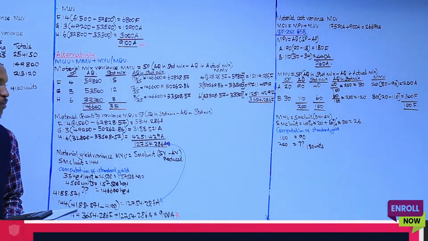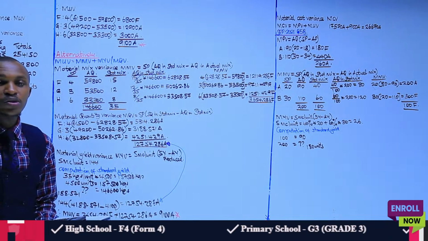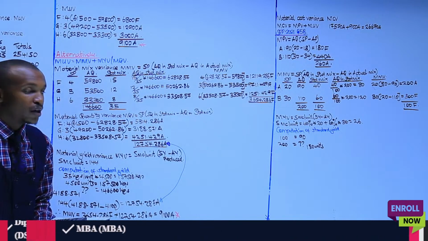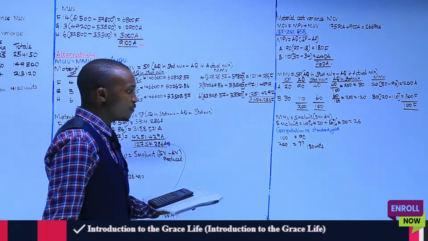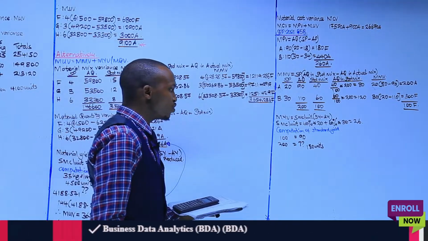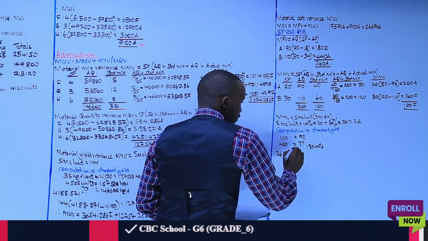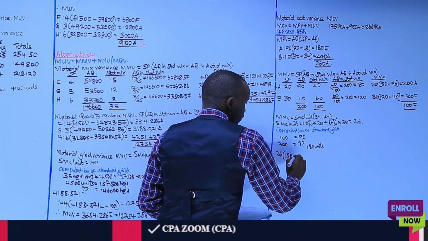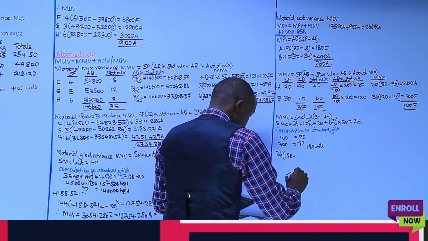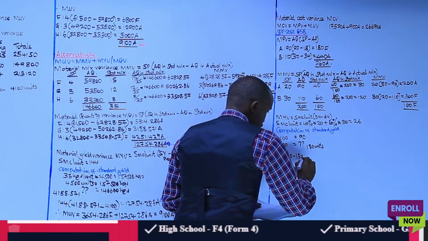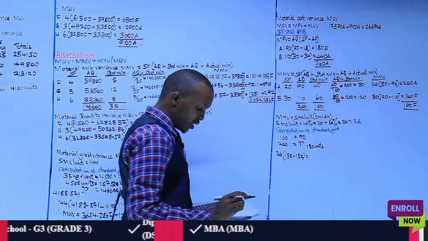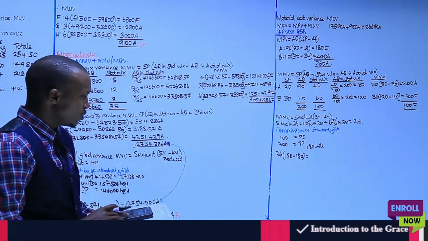If you are to use the material in the same way you budgeted, you should have produced 180 units. So your yield variance will be 26 times 180 minus an actual yield of 182.